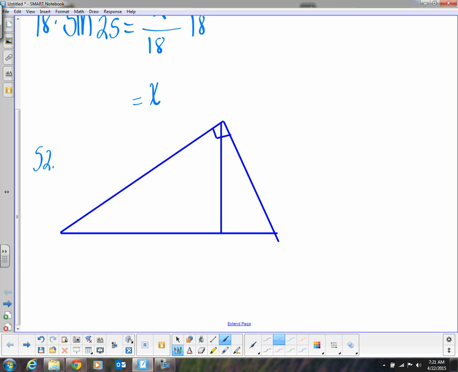And if you recall, we can say this is the geometric mean problem. The altitude is the geometric mean between the segment of hypotenuse and the other segment of hypotenuse. So if you're taking notes, put this in your notes.